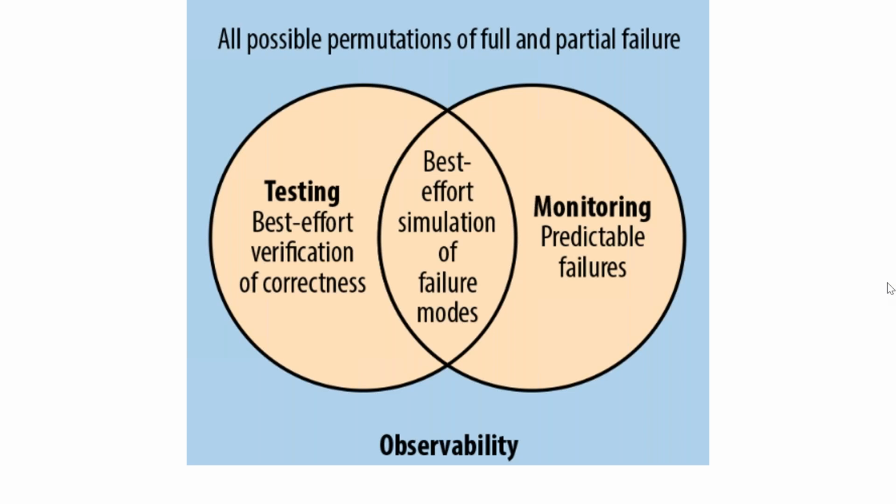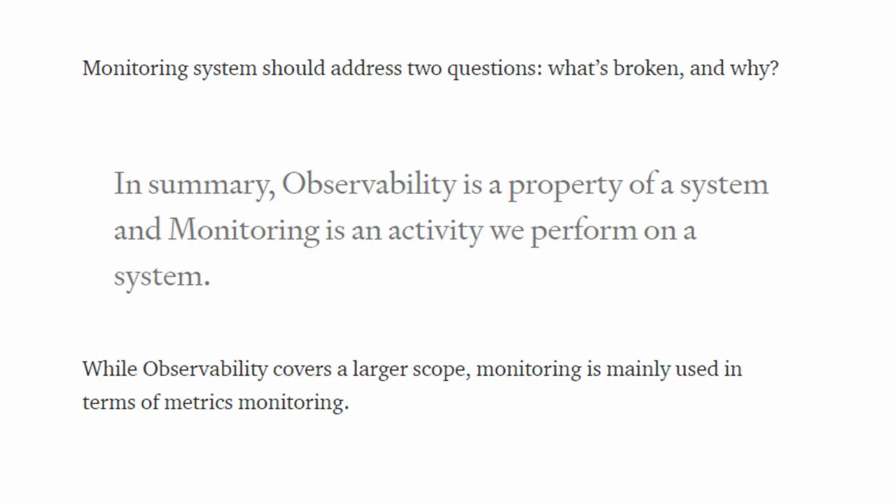That is called observability. A monitoring system should address two questions: what's broken and why it's broken, whereas observability covers a larger scope. Monitoring is mainly used for metrics monitoring. In summary, observability is a property of the system, and monitoring is an activity we perform on a system.